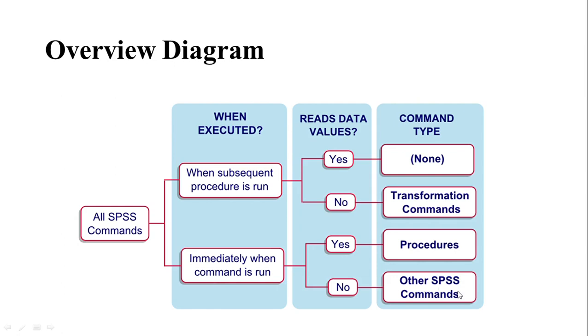So these are the three groups that we have. Now we are going to discuss the full details of each group so that we understand more of the SPSS commands.